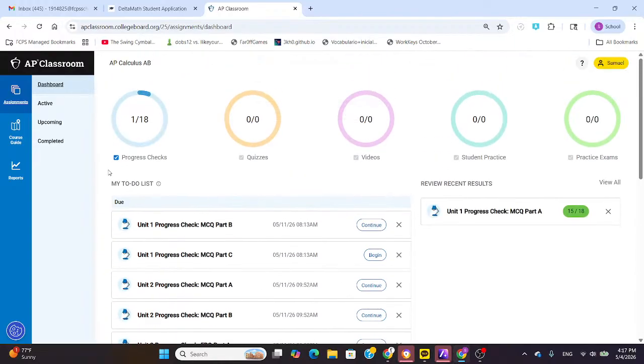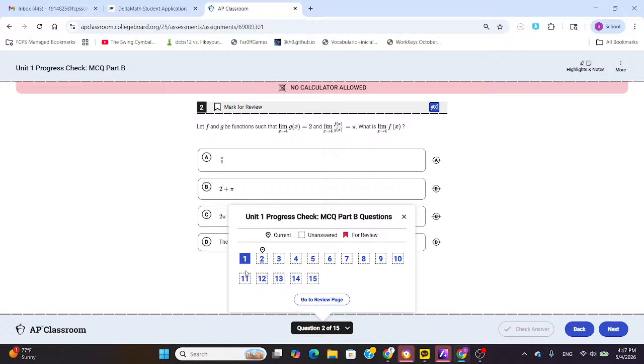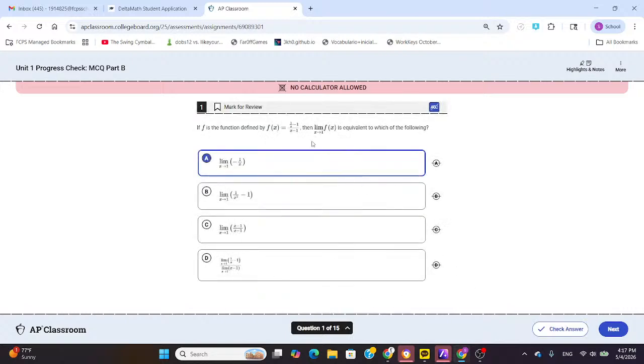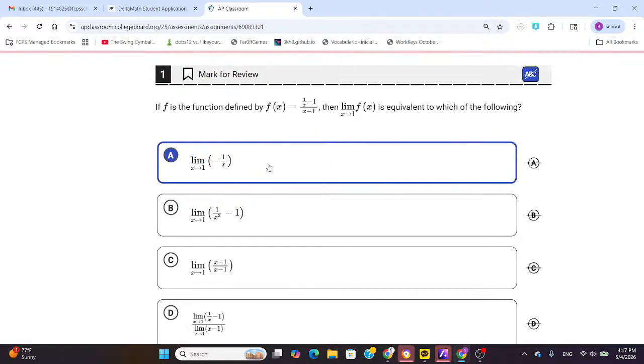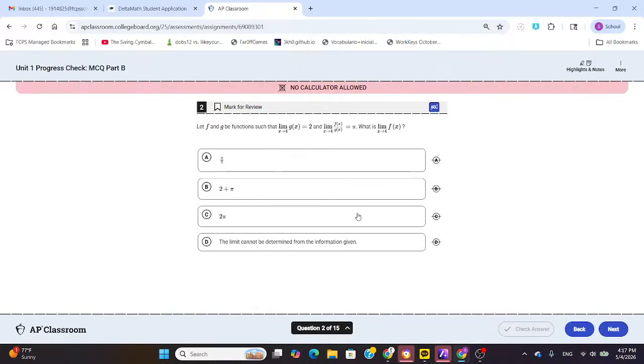Where is a unit? Okay, so unit 1, and I chose A because that's what it is. I can check the answer, right?